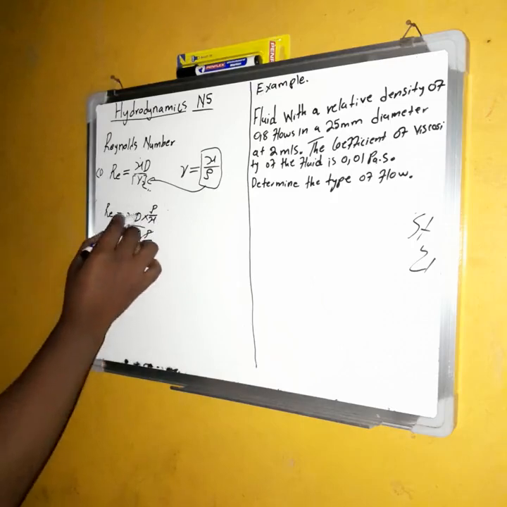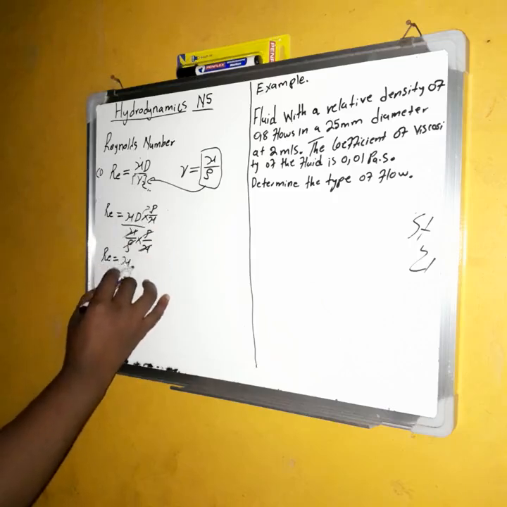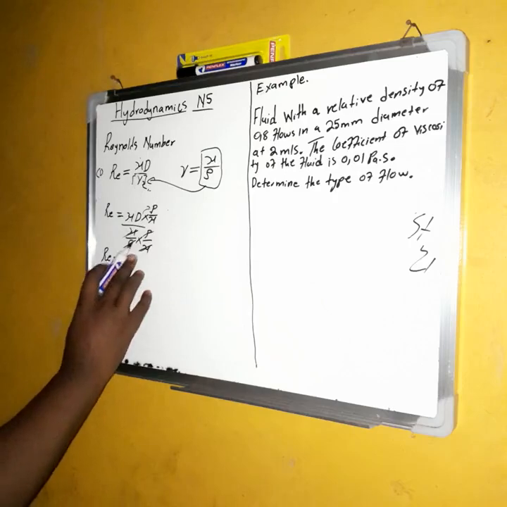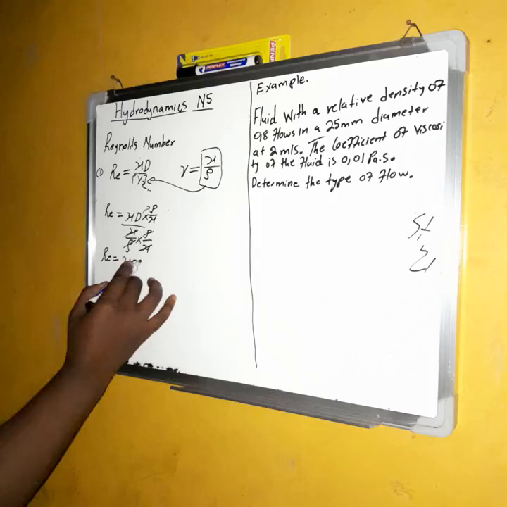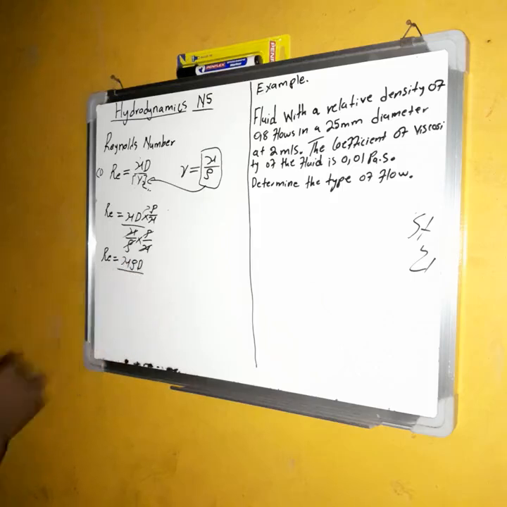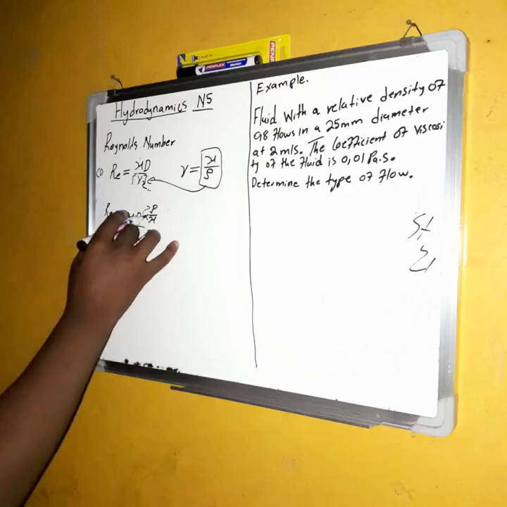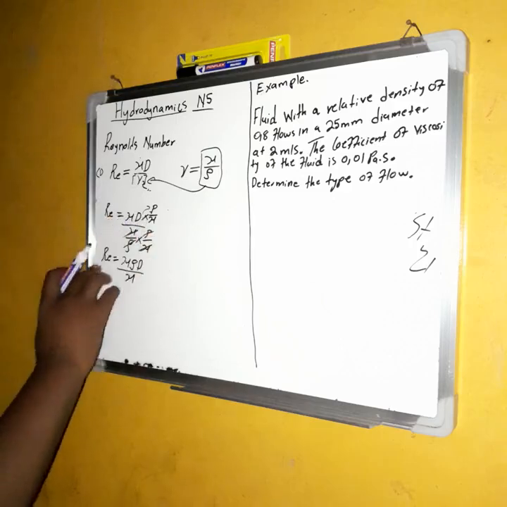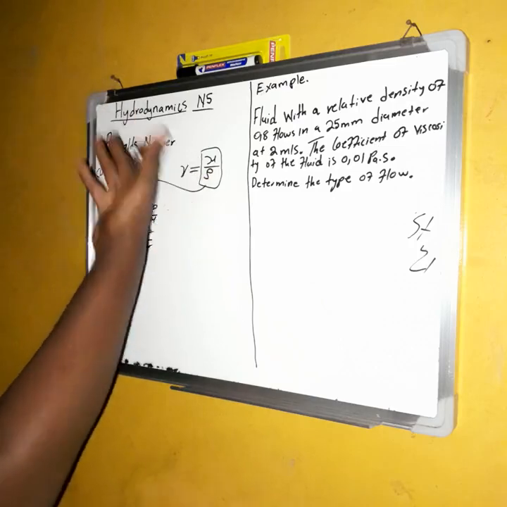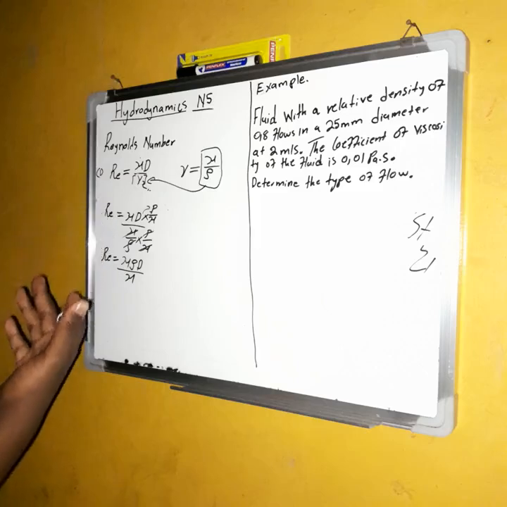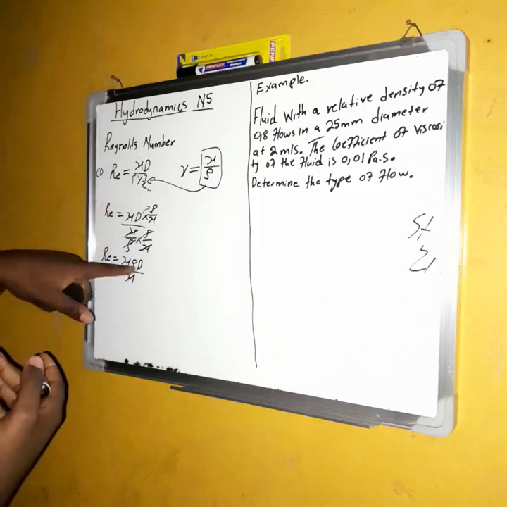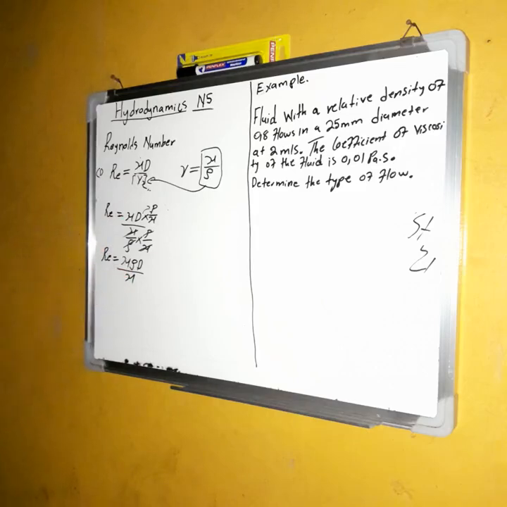We will have the coefficient multiplied by density, diameter, over that.